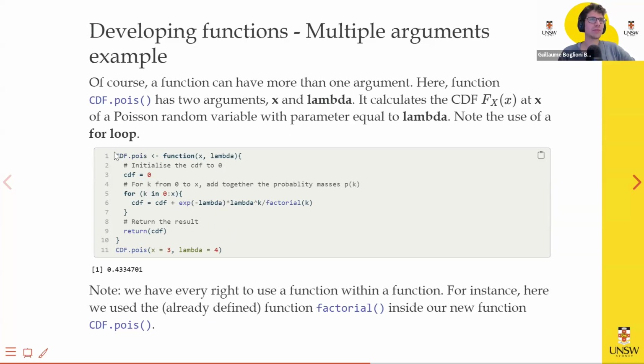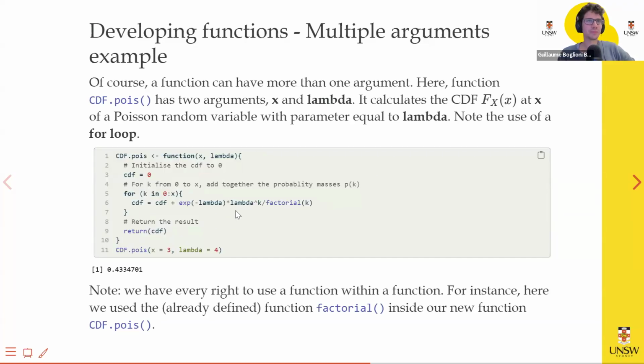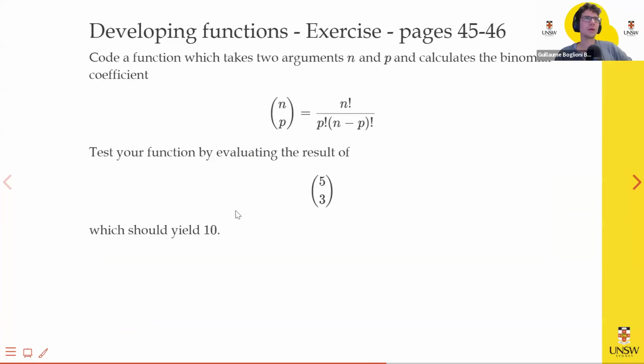Now see if you can do this without a loop, though. Maybe that's an exercise for you. Here's another exercise for you. Can you create a function which takes two arguments and calculates simply the binomial coefficient, so p choose n, which is equal to this mathematically.